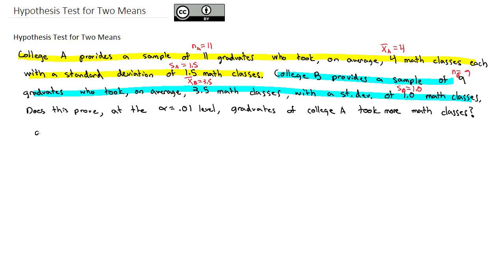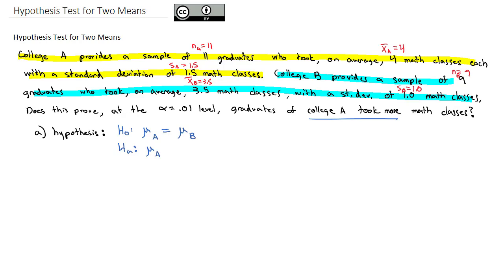Now, hypothesis tests always follow the same 6 steps. The first step is we have to define the hypothesis that we're going to test. Our null hypothesis is that the average from College A is exactly the same or equal to the average from College B. The alternate hypothesis, what we're trying to prove, is that College A took more.